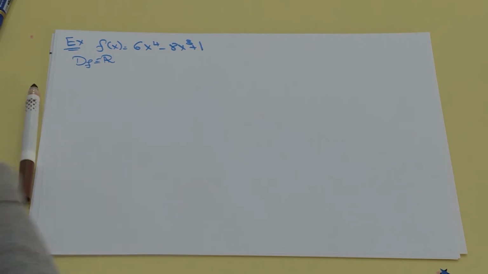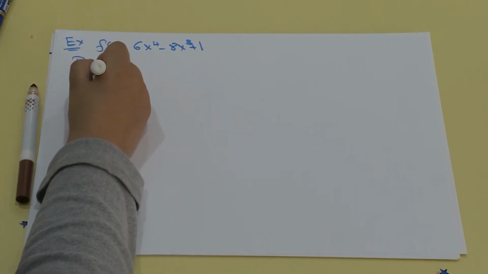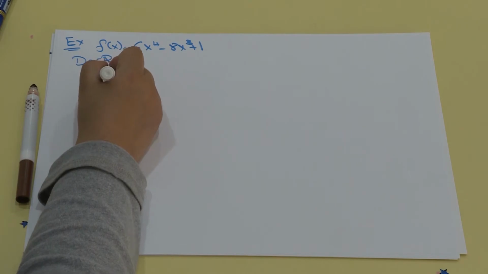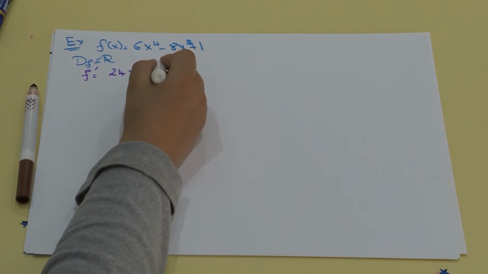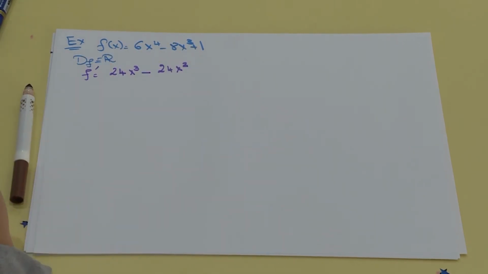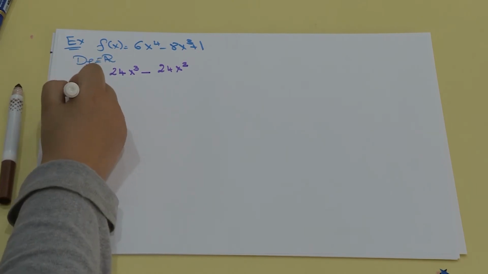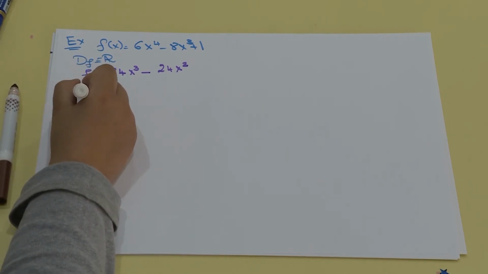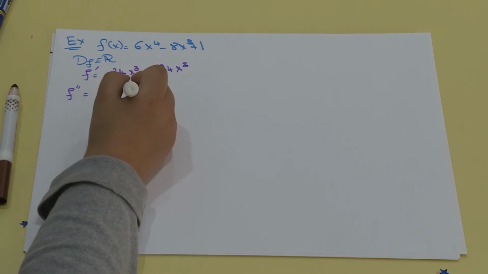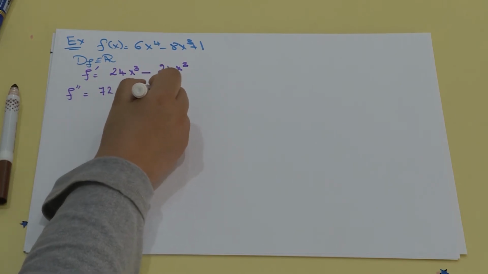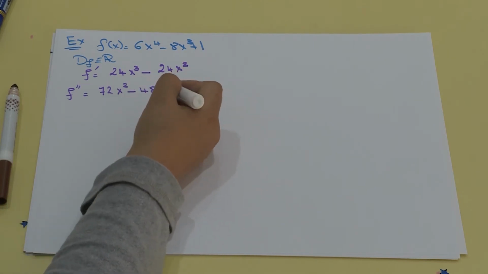So we have f prime equals 6 times 4, 24, x cubed minus 24x squared. This is the first derivative. Now the second derivative, f double prime equals 72x squared minus 48x.